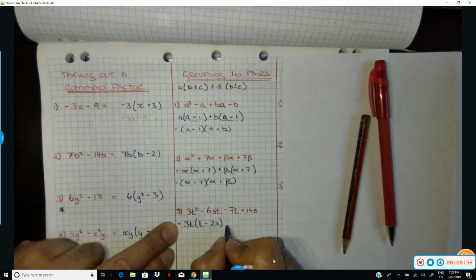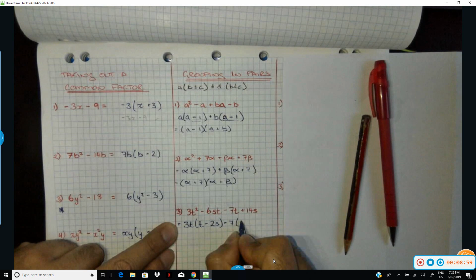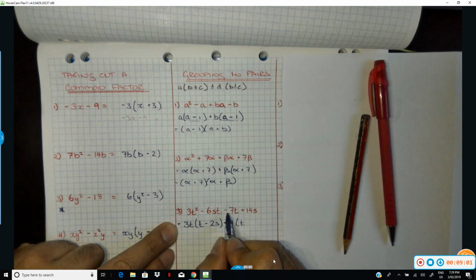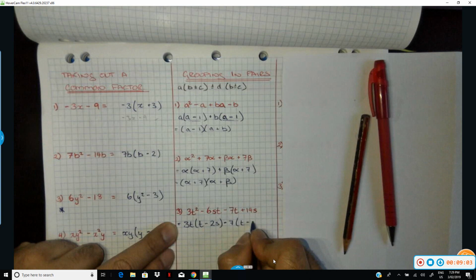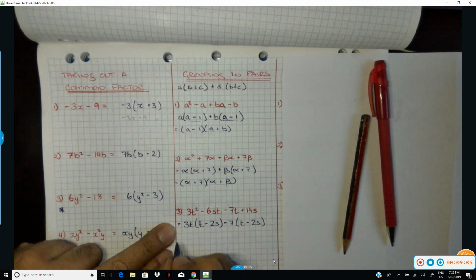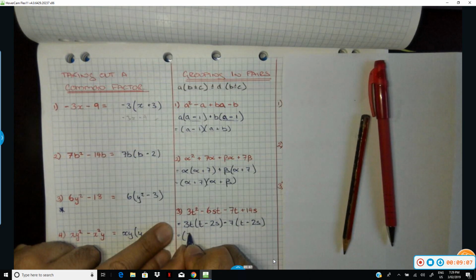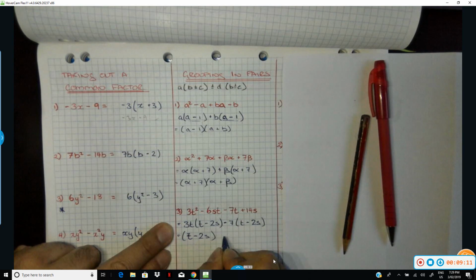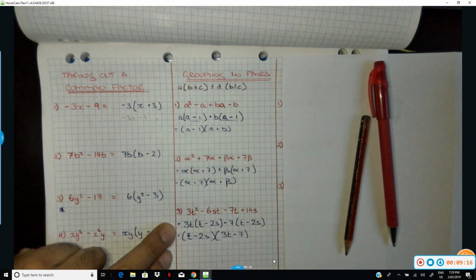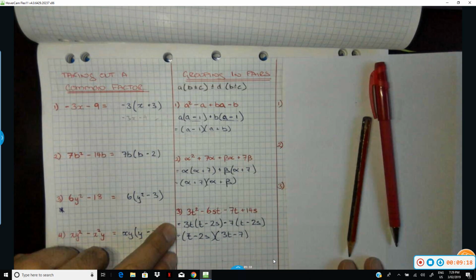And then I'll take out 7 from out here. 2 negatives make a positive. So that's 2s, yeah. And there we go. We've got t minus 2s multiplied by 3t minus 7. Yep. And that's basically that one. Okay.